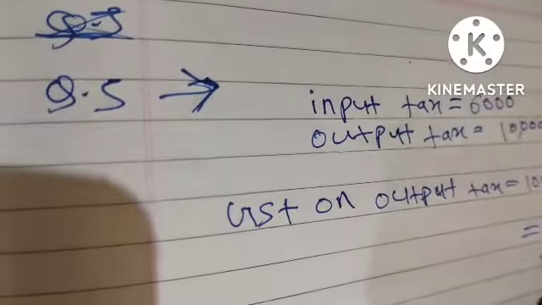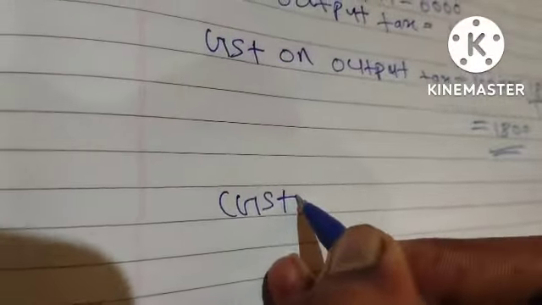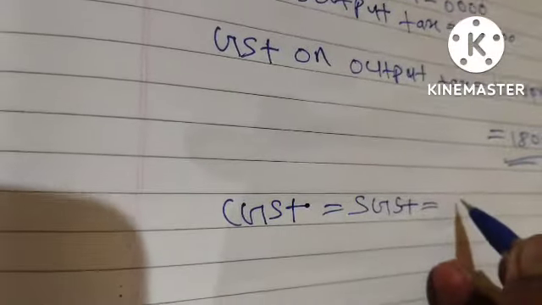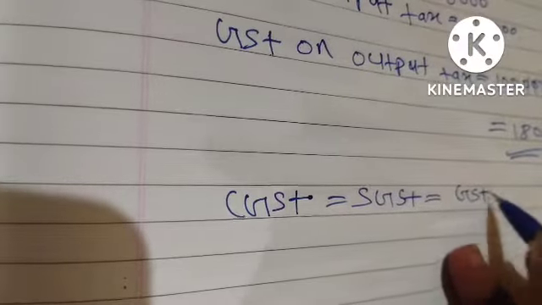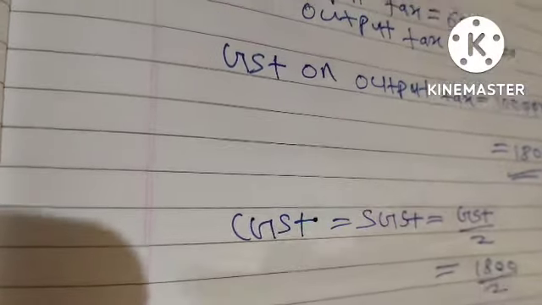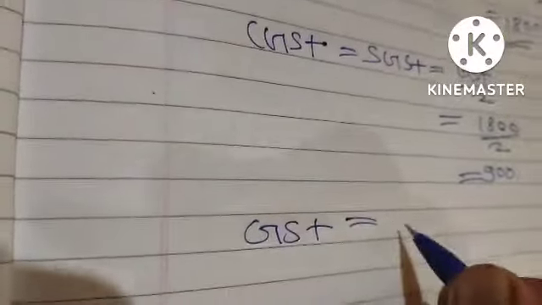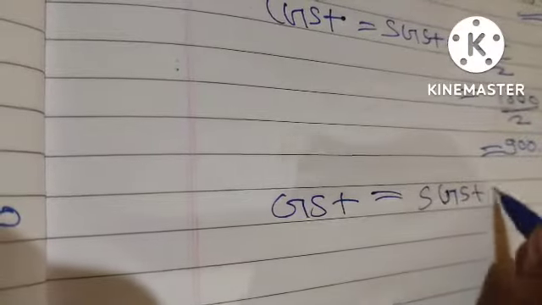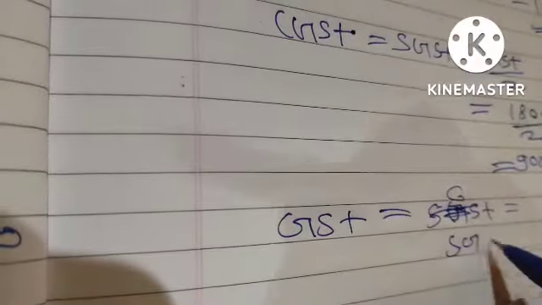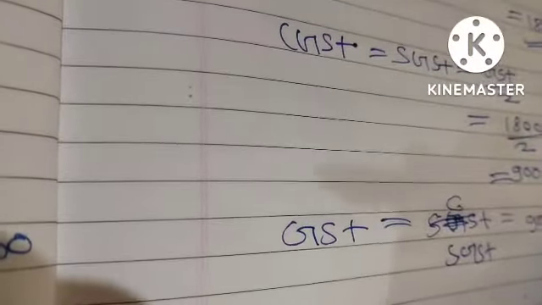It will be the GST. So as we know, CGST and SGST are each half of the GST. So 1800 upon 2, the answer will be 900. CGST and SGST will each be 900 rupees.